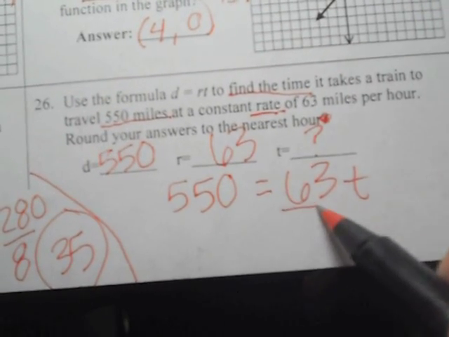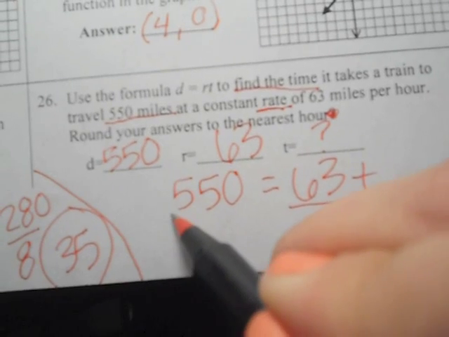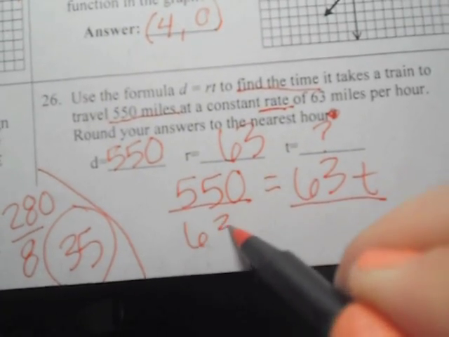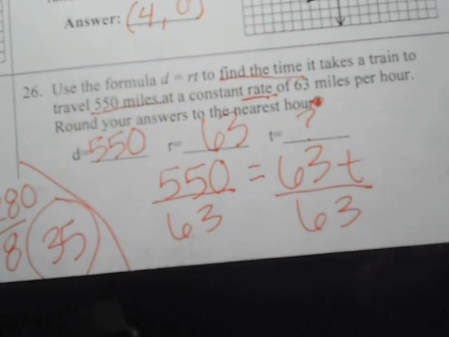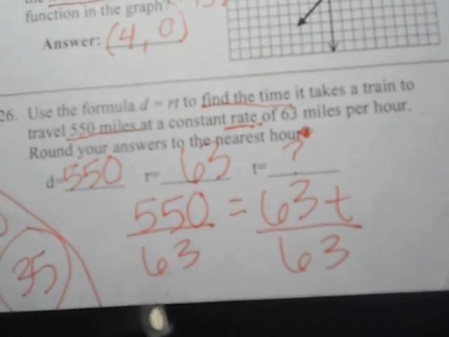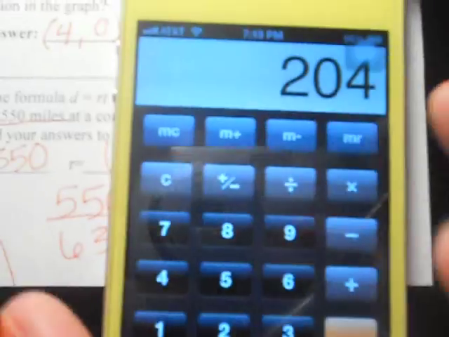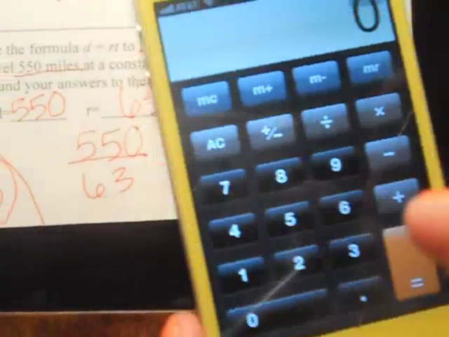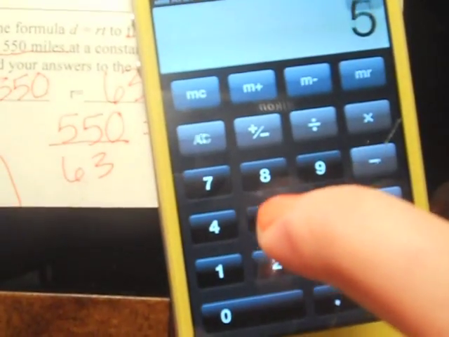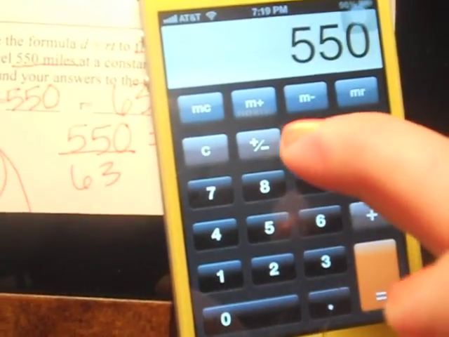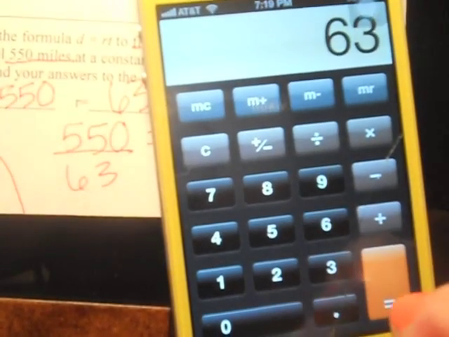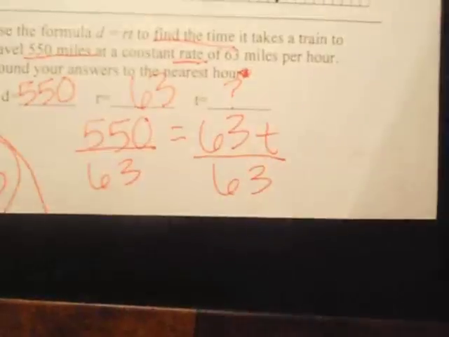Alright, in this situation, we can divide both sides by 63 to get T by itself. Using a calculator, we do 550 divided by 63. Got 8.73.